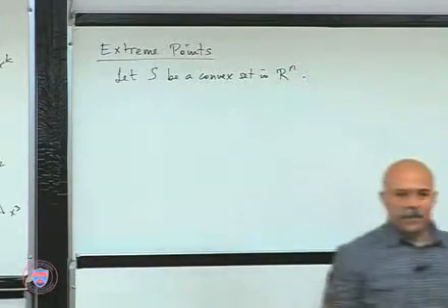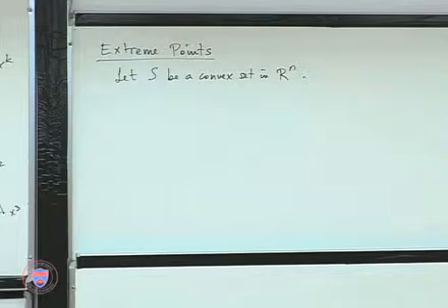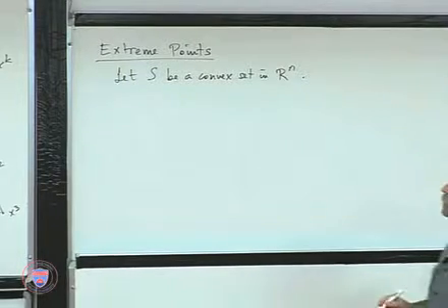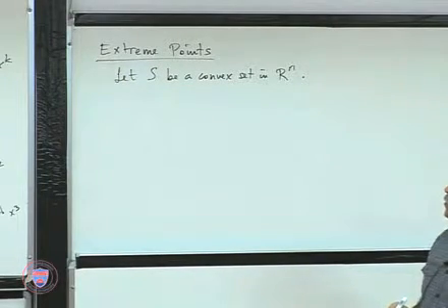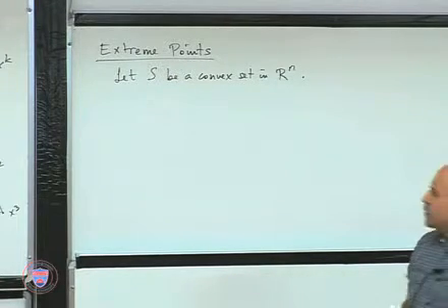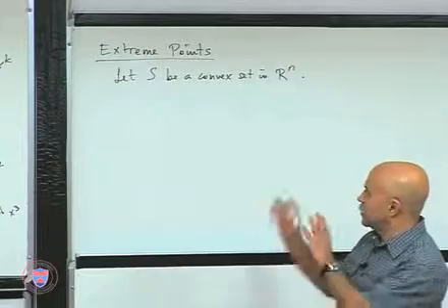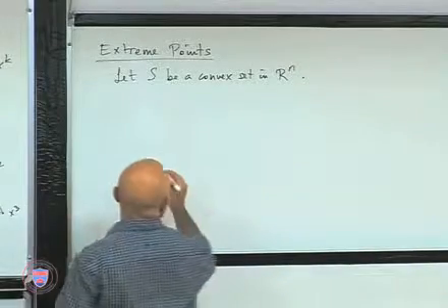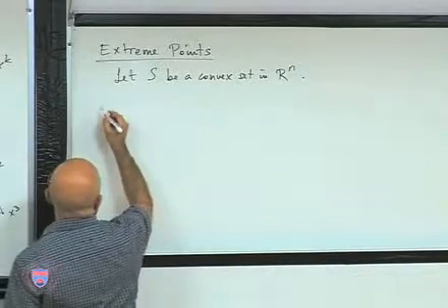Suppose you have a convex set S in the n-dimensional space, then extreme points of such a set may or may not exist. But if it exists, it fulfills a certain condition. So let's just write it down.